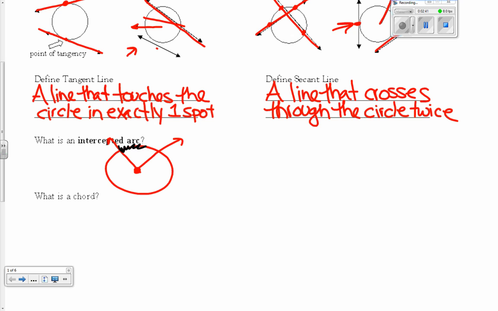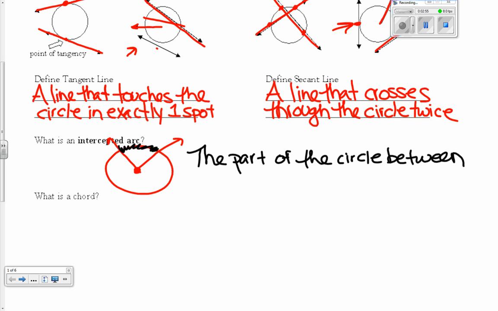So it's the part of the circle between two lines. Now they could be diameters, they could be radii, it could be any type of lines. It could go through the entire circle, whatever. So it's the arc that is formed when two lines meet.